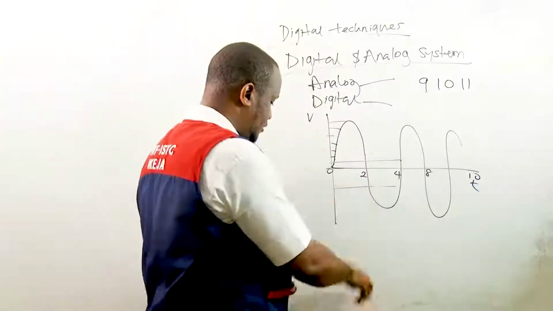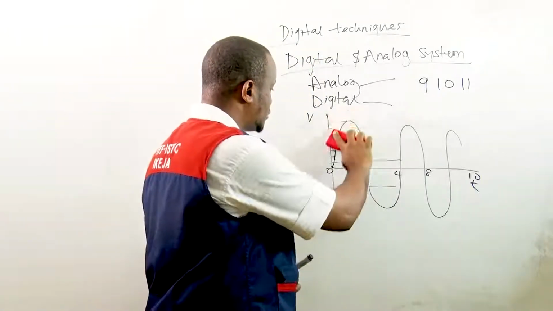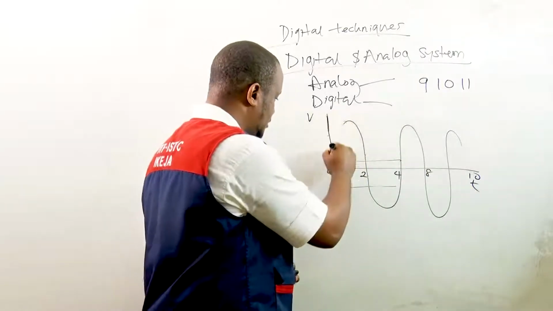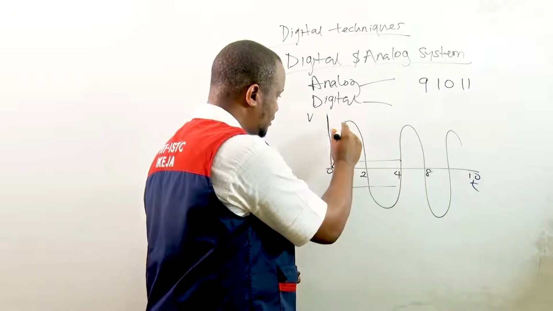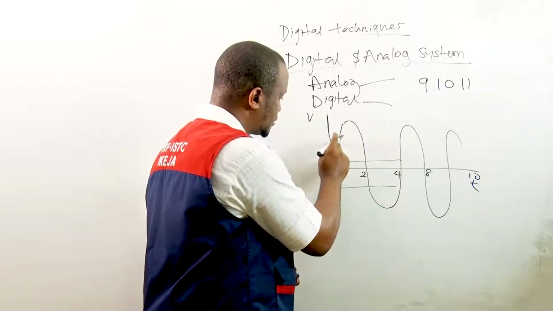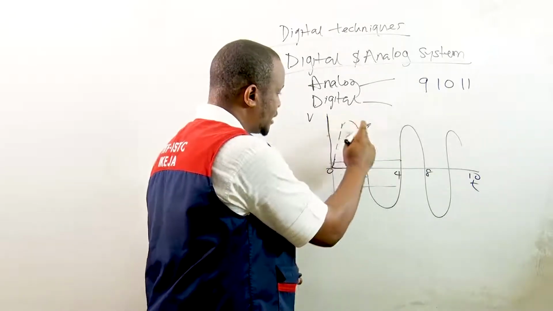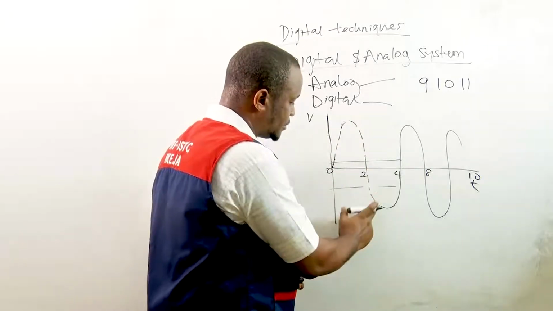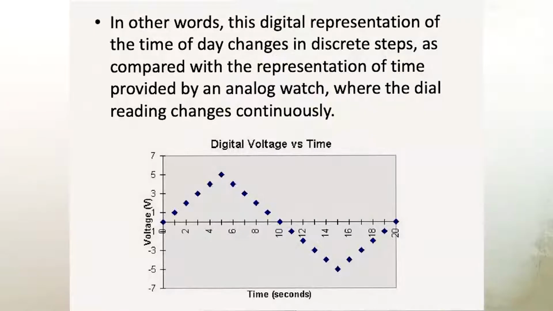So in this case, if you are to illustrate the digital signal, we will just have breaks in this. So we'll have something like this. These are in discrete steps, so they are not continuous. You can see the break.